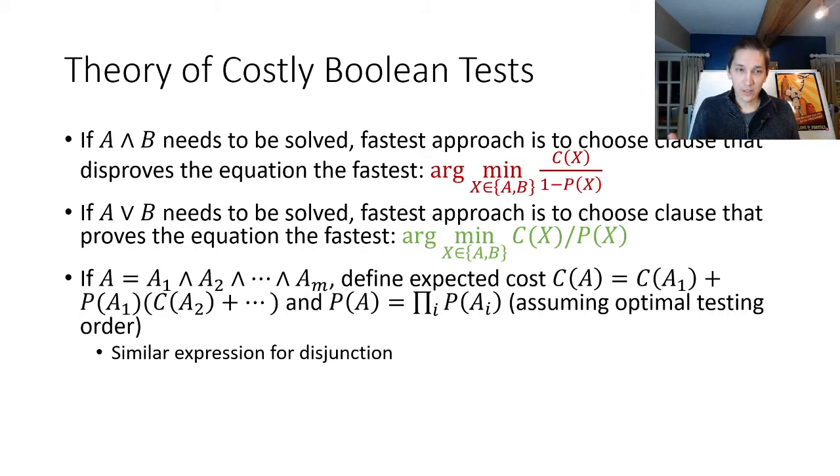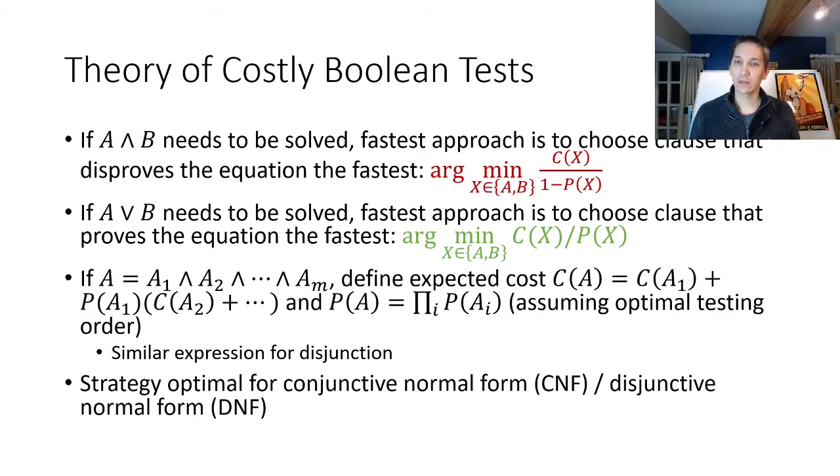The probability that the overall clause is true is just the product of all the probabilities that the individual clauses are true. We have a similar formula for disjunction that can define the expected cost and the overall probability that the clause is true.